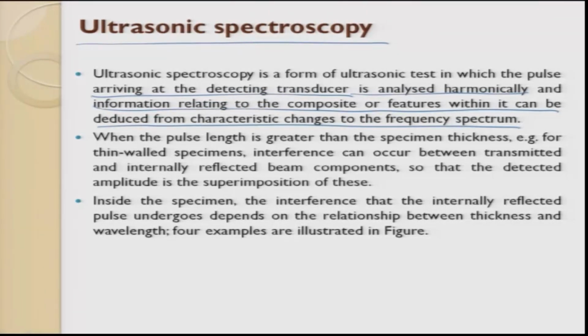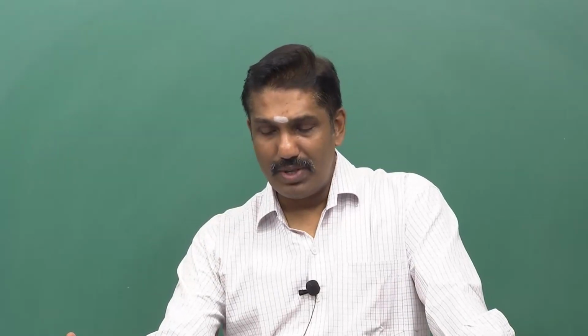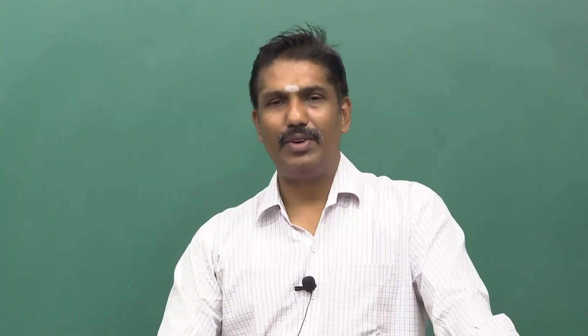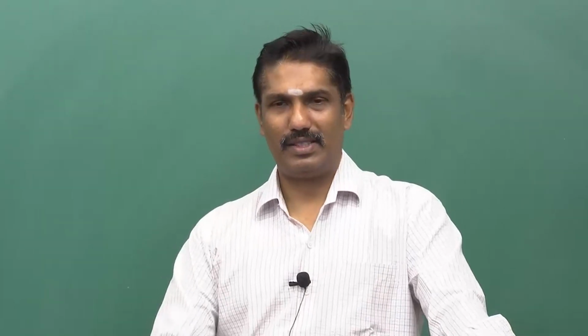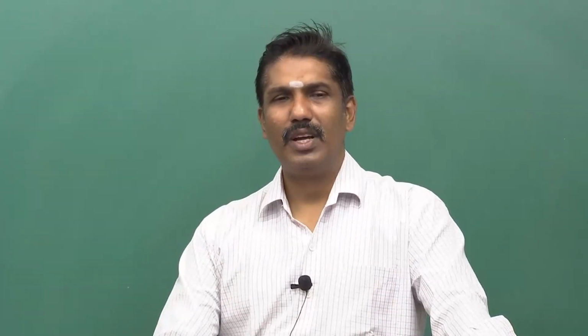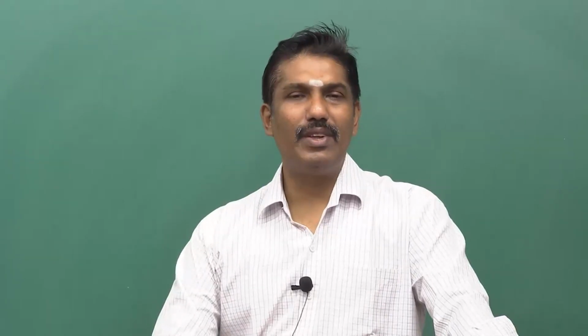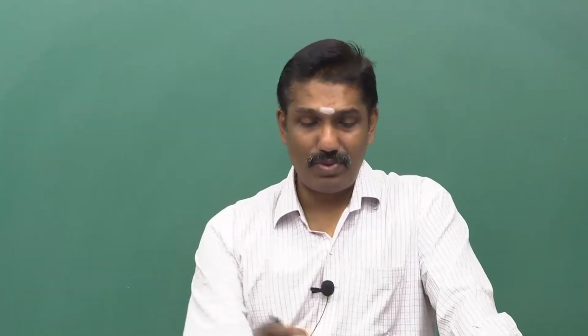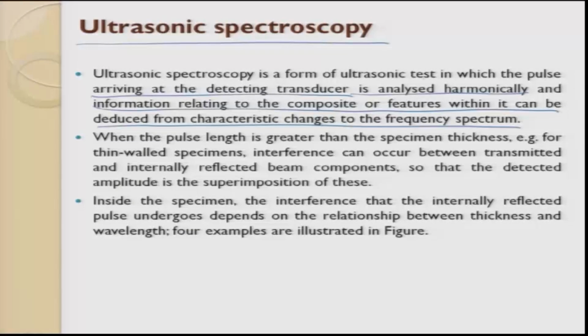So, we take the ultrasonic signal and then do a spectroscopy analysis in terms of frequency, and then we try to figure out what the damage is. It can be pulsed echo or transmission receiving.